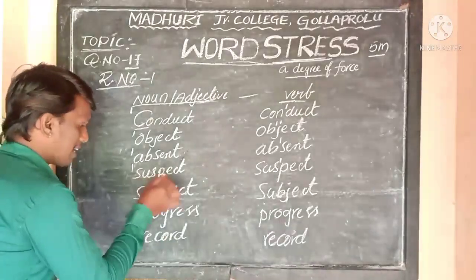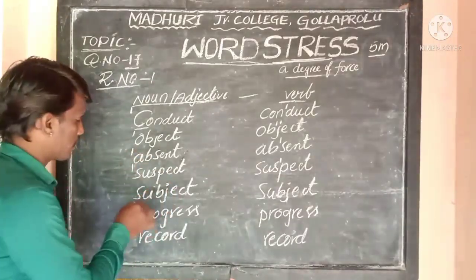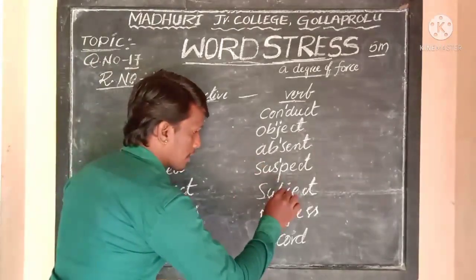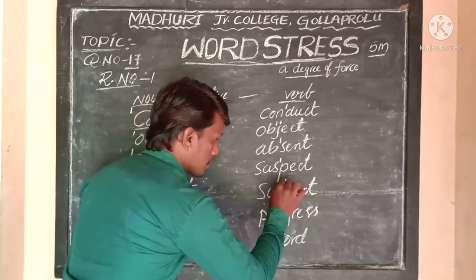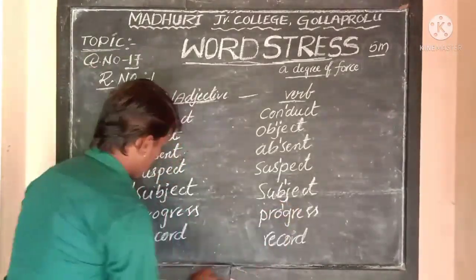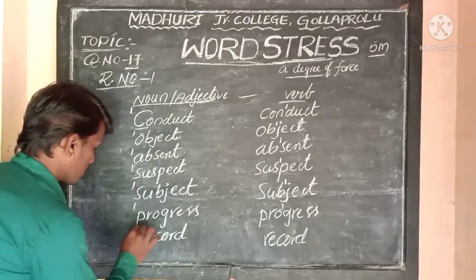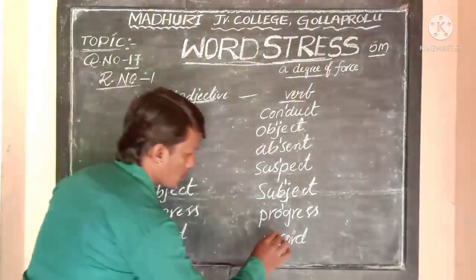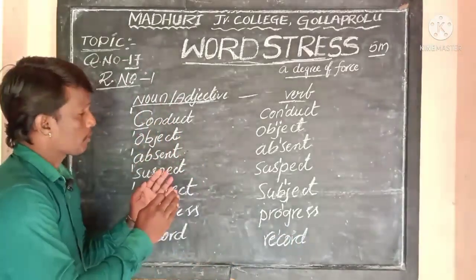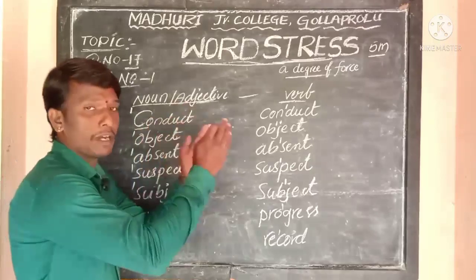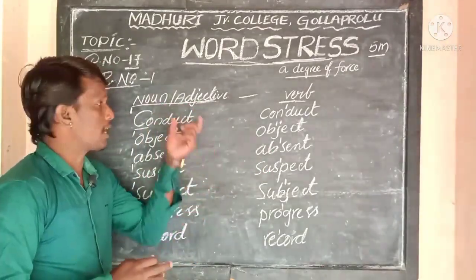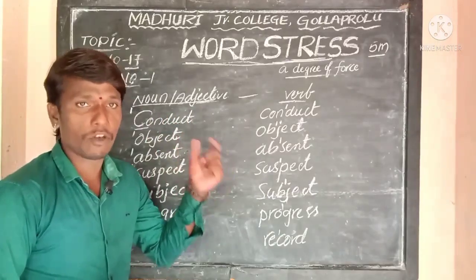In the case of subject, if it is used as a noun, stress is on the first syllable, and if it is used as a verb, stress is on the second syllable. See, progress and progress. And next, record. Stress is on the first syllable, whereas record, second syllable. So this is how stress is shifted from one syllable to another if the same word is used as a verb and an adjective or a noun.